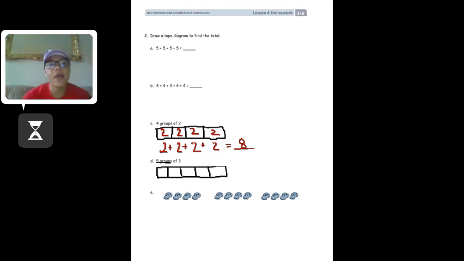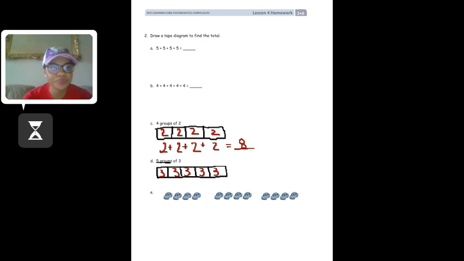3, that's right. So let me grab my red pencil, and I'm going to put 3 in each equal size group. So I'm going to put 3 here, 3 here, 3 here, 3 here, and 3 here. Good job. So now it's time for us to add.